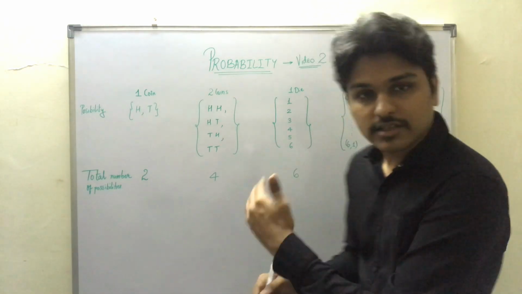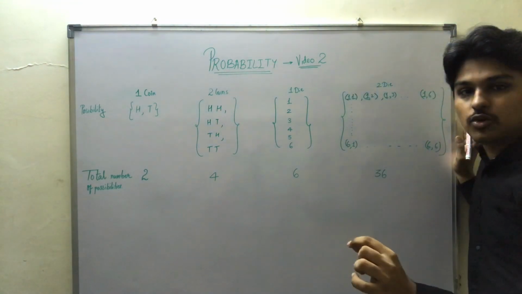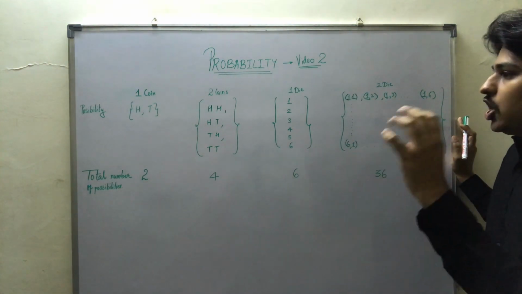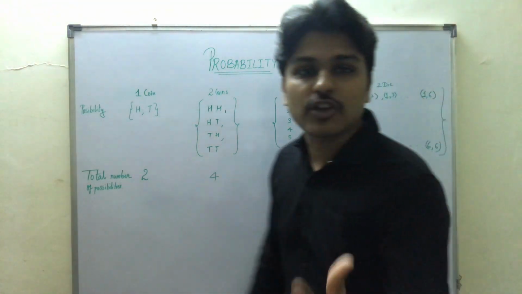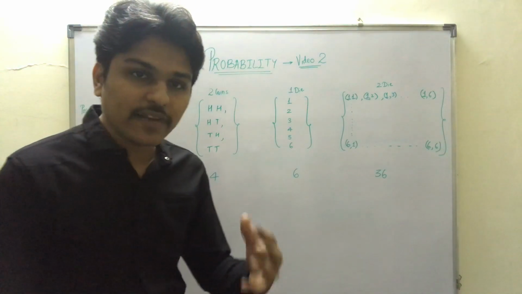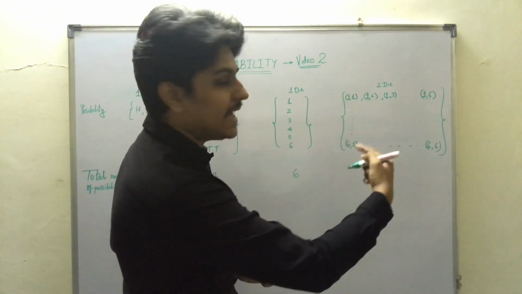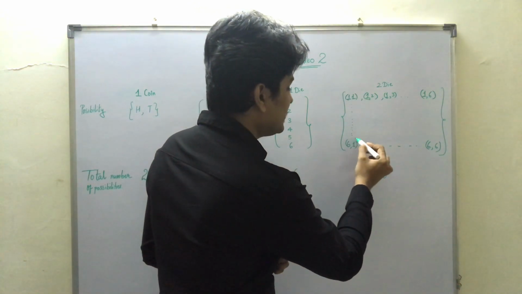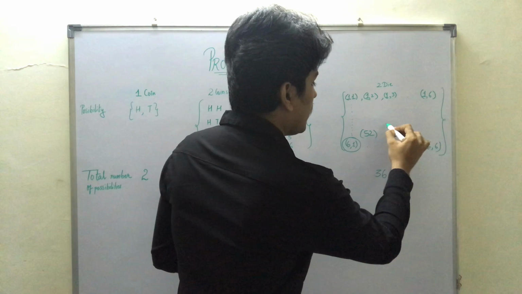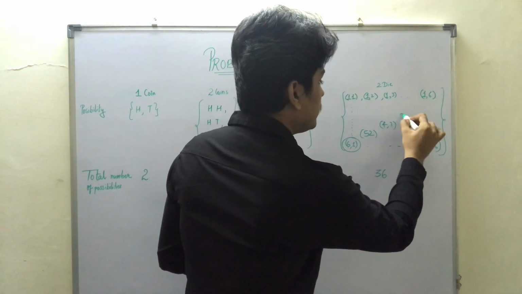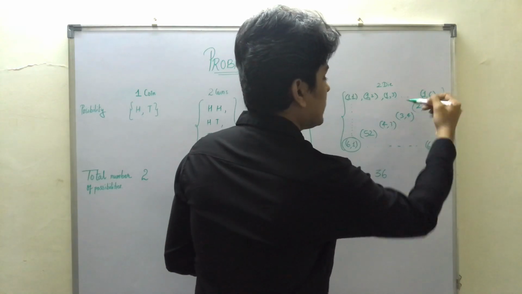Consider this over here. Suppose I'm dealing with 2 dice and I ask what is the probability of getting an addition of 7 on the dice. You'll have to consider all such situations wherein the addition comes out to be 7, which would be 6 and a 1, 5 and a 2, 4 and a 3, 3 and a 4, 2 and a 5, 1 and a 6.